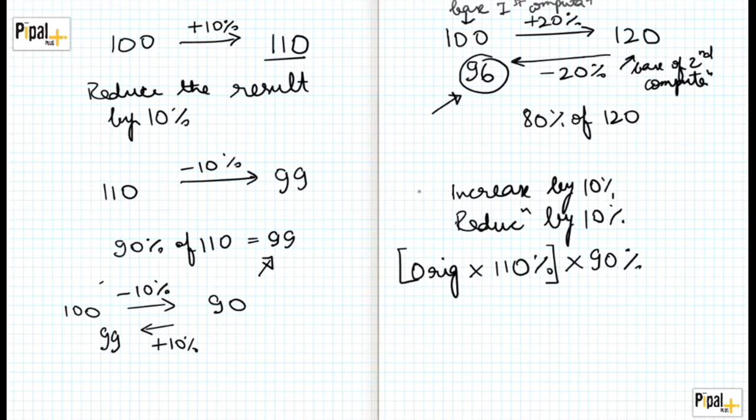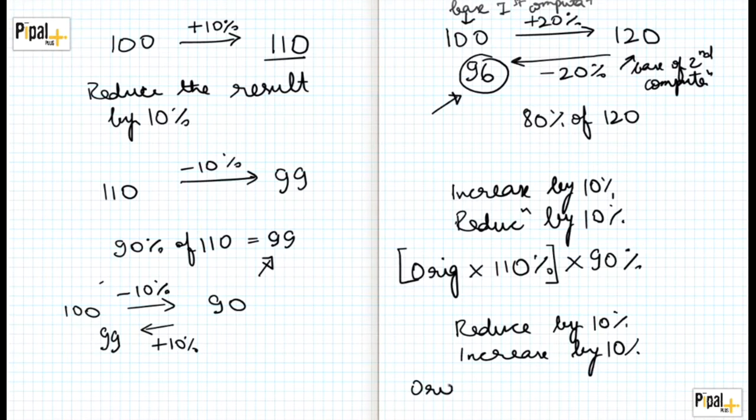However, if I change the sequence, if I reduce by 10% and then increase the result by 10%, my original amount gets multiplied by 90% because I've reduced it by 10%, and by 110% because of the increase by 10%.